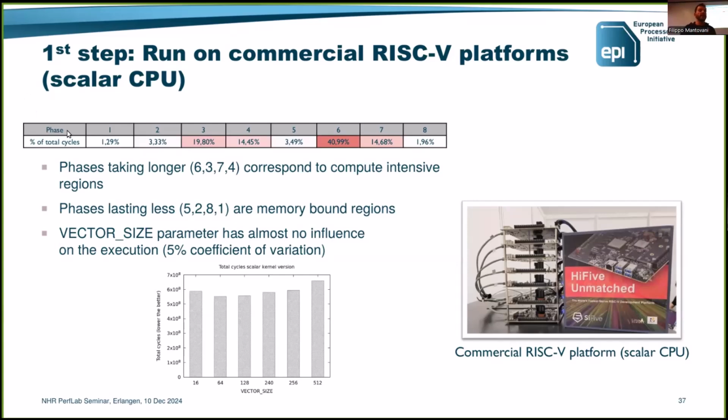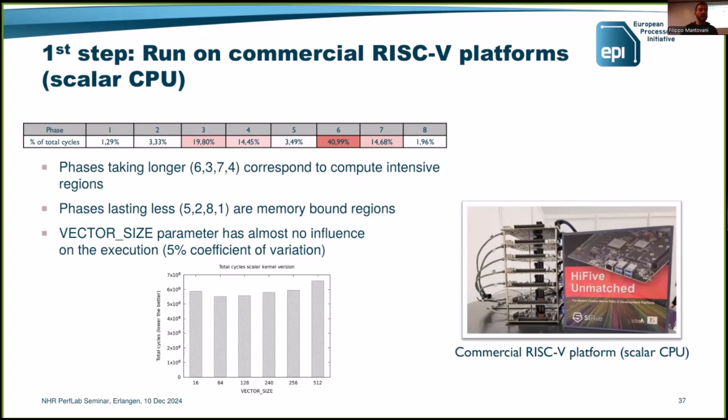So here in this table you have the different phases, and here the percentage of cycles that are spent in each phase, okay? So in the color code, you immediately see phase 6 is the one that is taking more cycles, so more time. And then we also understood that there is a direct connection between compute intensity and number of cycles.